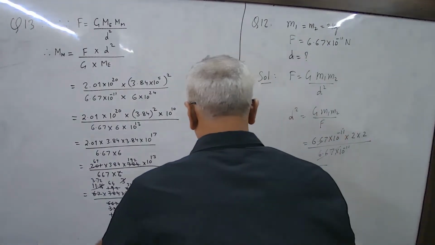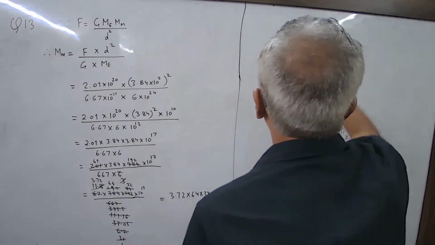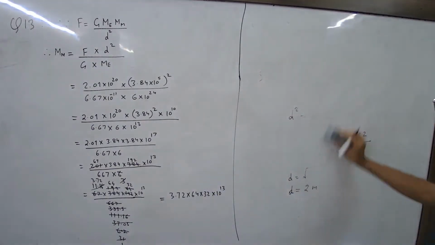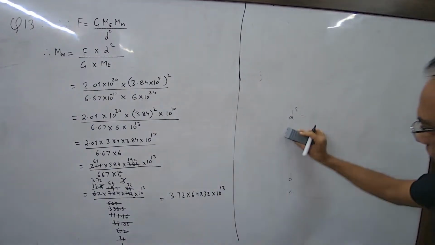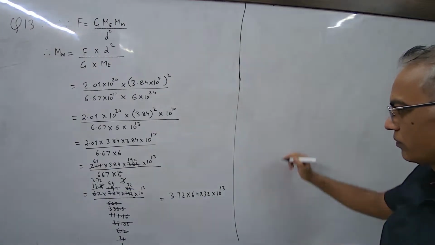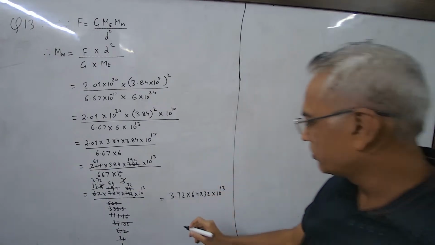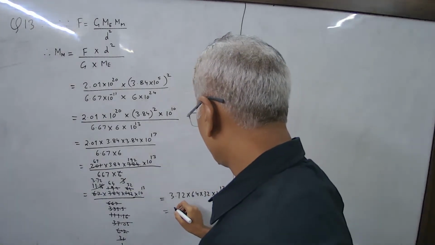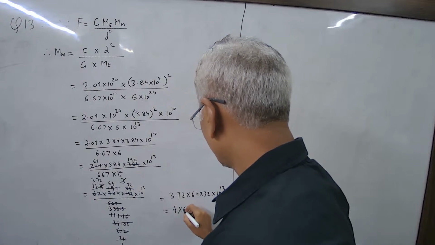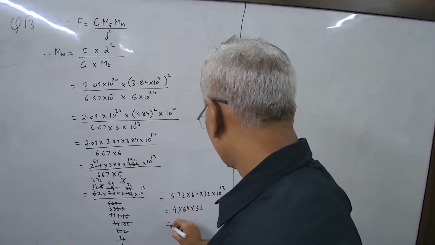How much is this? So round it off to 4. 3.72 is 4 into 64 into 32. So how much is this?